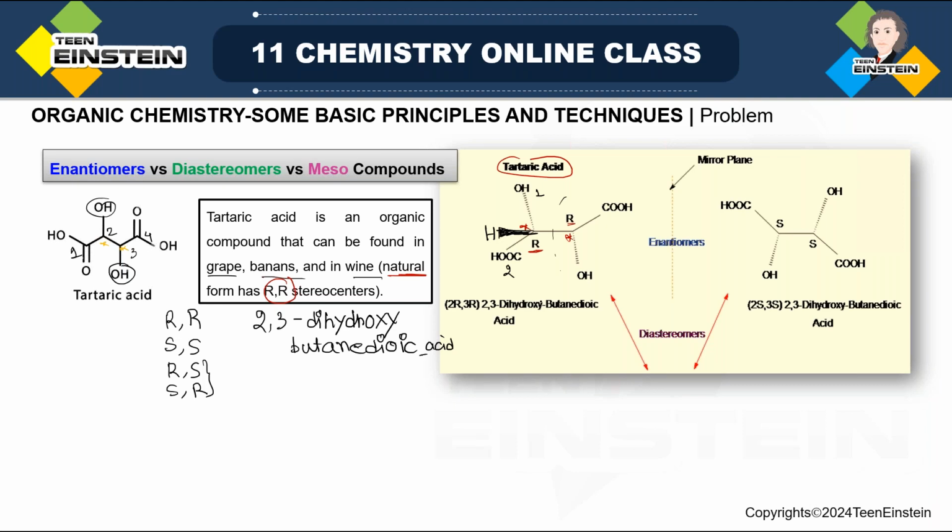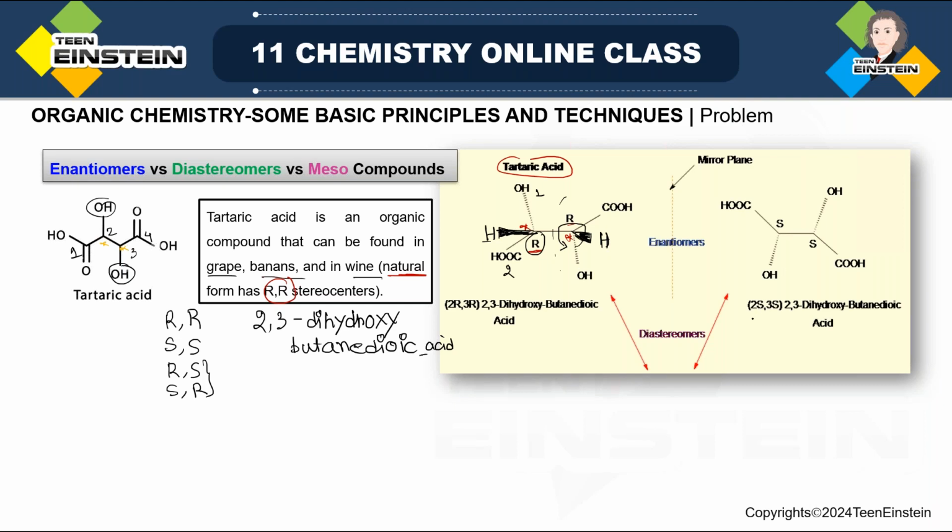So 1 to 2 to 3 it is anticlockwise, but as hydrogen is towards us, ultimately it will be R. And the same thing you can do for the other chiral center. In this case we are moving from this to this to this. This is anticlockwise, but H is towards us, so this is R.